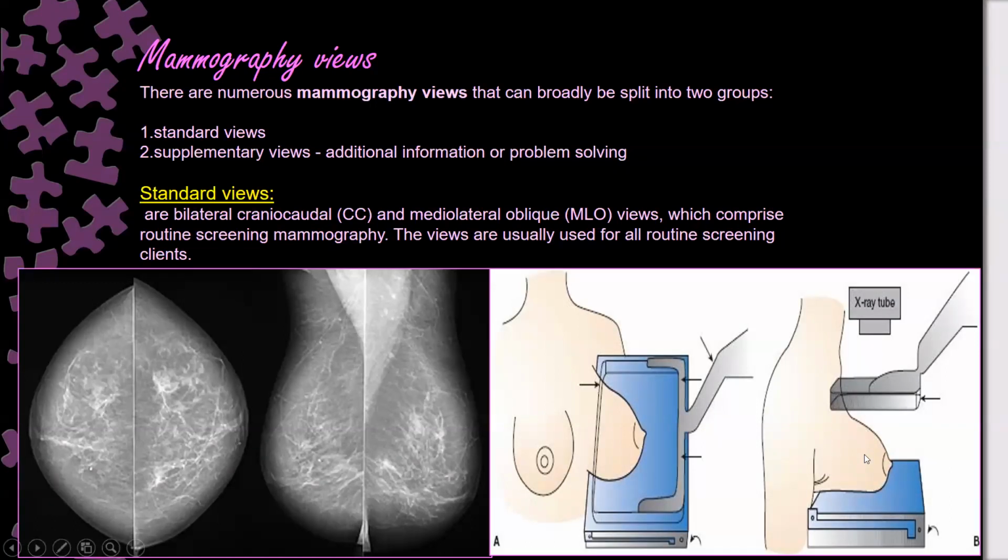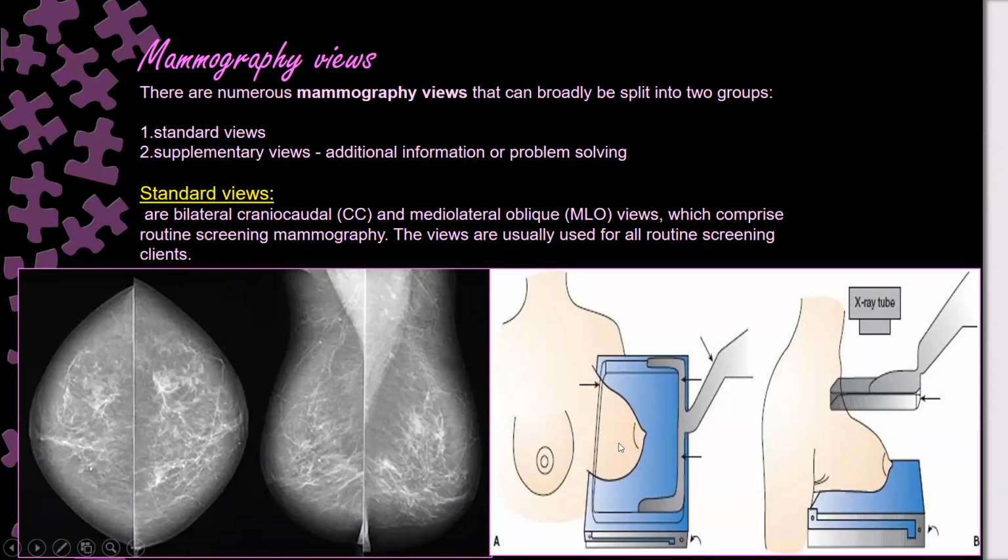In the craniocaudal, the breast is placed straight on the detector, and the X-ray comes from the cranial portion. As you know, we name the view by the direction of the X-ray, so craniocaudal is from above, with the X-ray coming down.